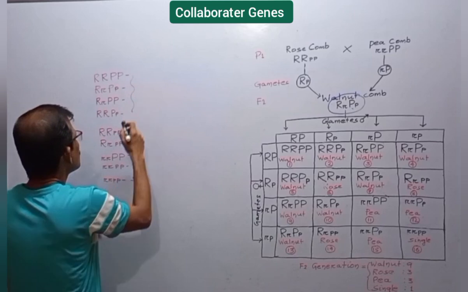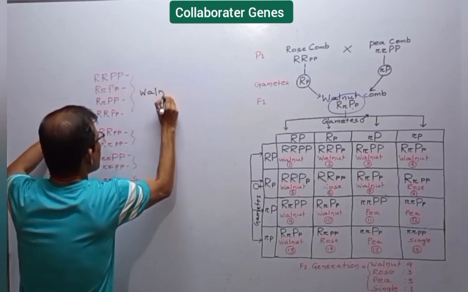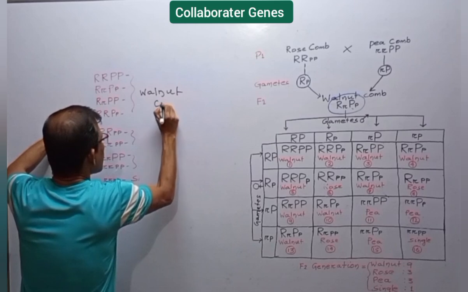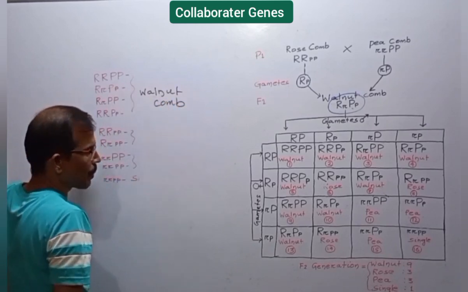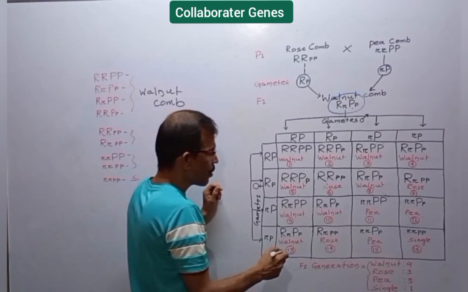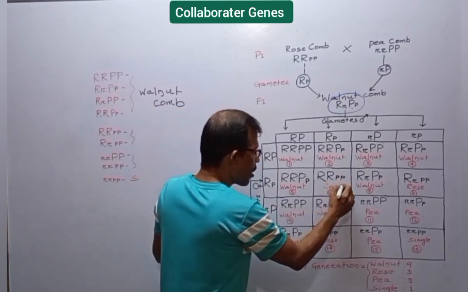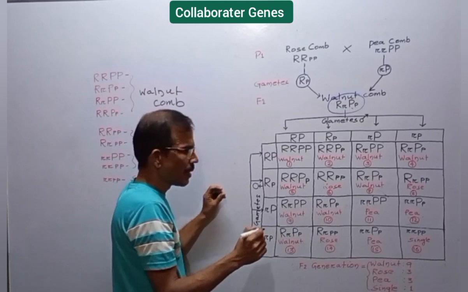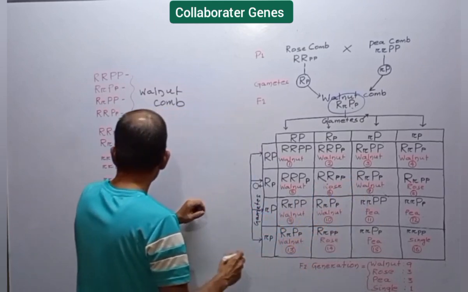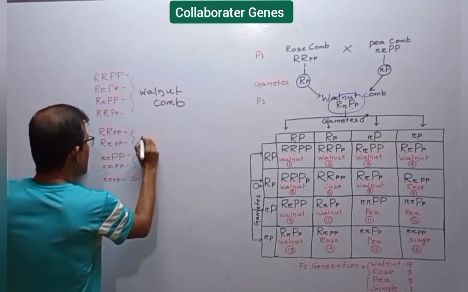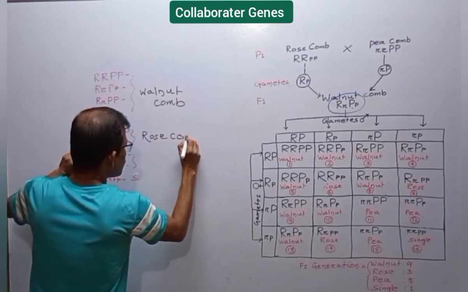These are the four genotypes that result in walnut comb. In all of them, both genes have at least one copy. Another phenotype, rose comb, developed when the P comb gene is absent but the rose comb gene has at least one copy. These are the genotypes that result in rose comb.